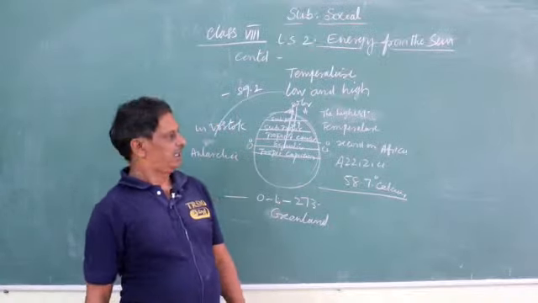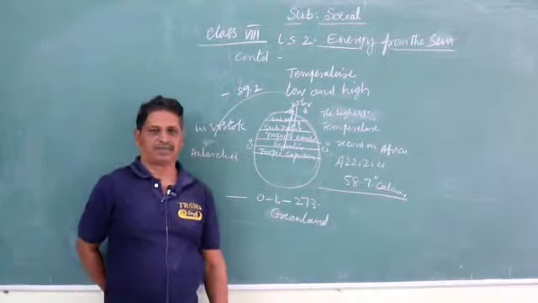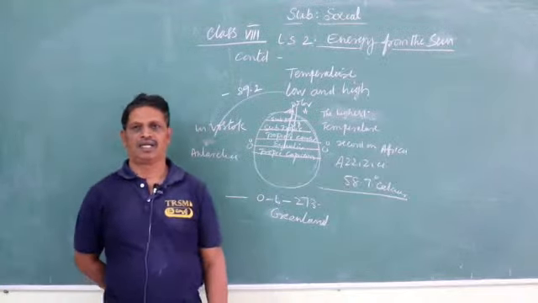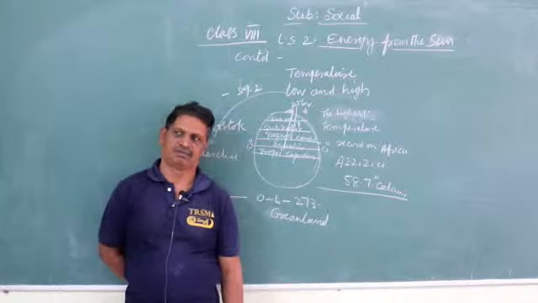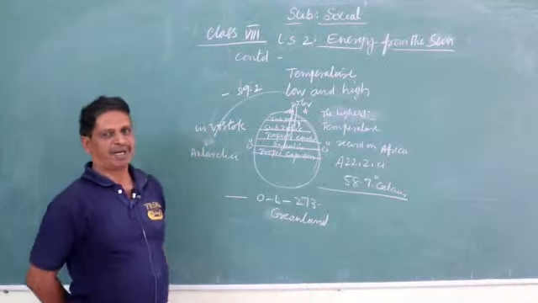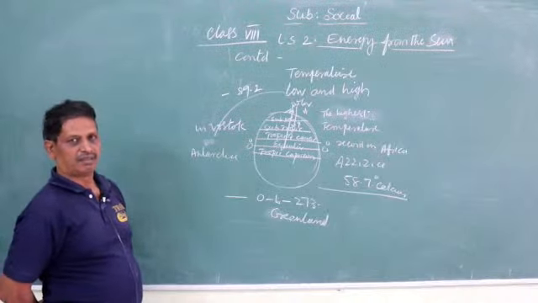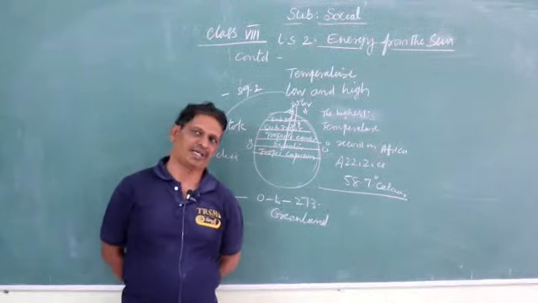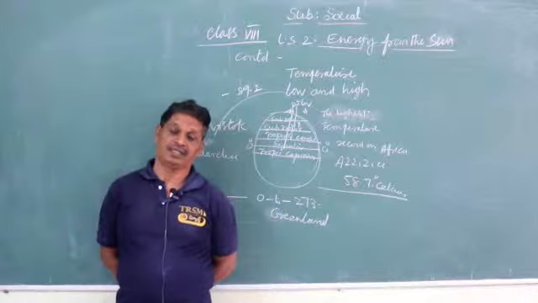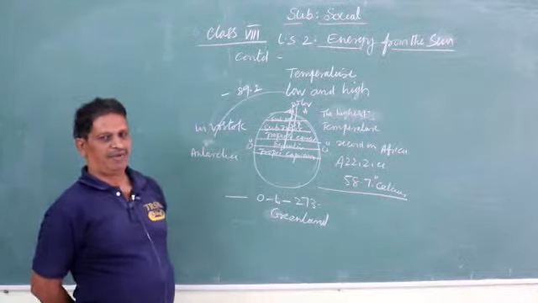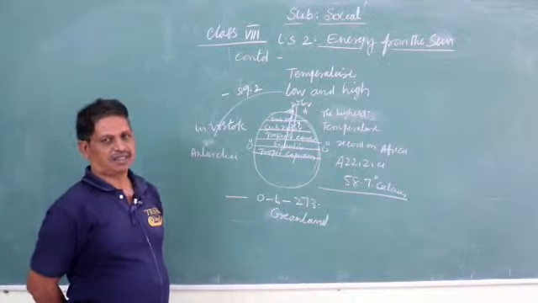So when we observe India, in the north region, in the Himalayas, the temperature is low. As well, when you compare North India and South India, we have higher altitude lands in North India.